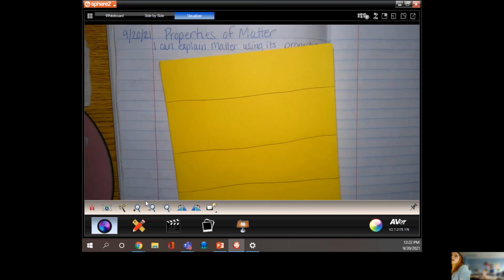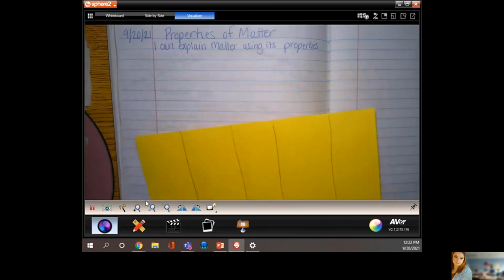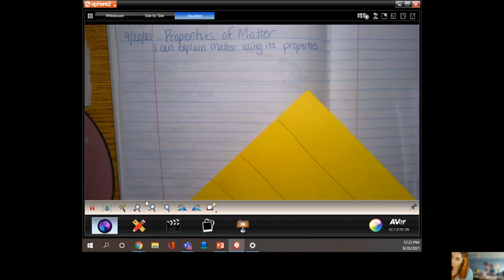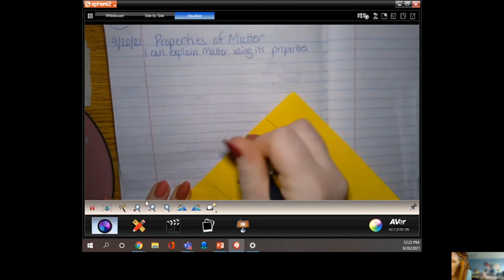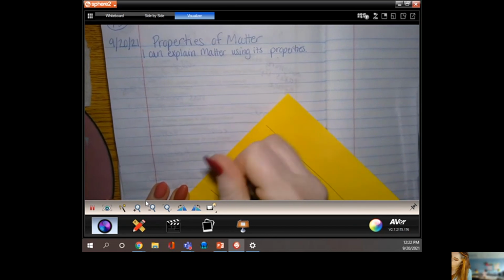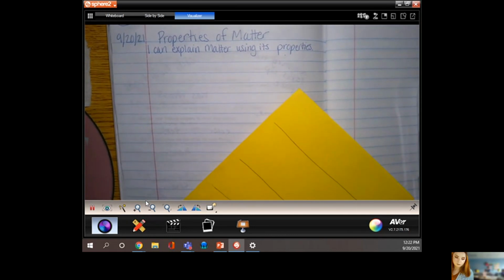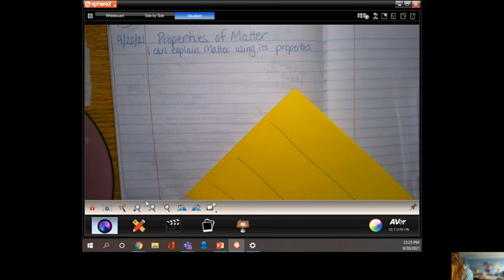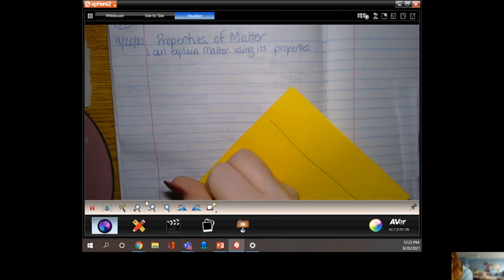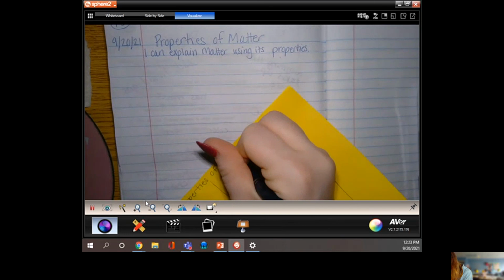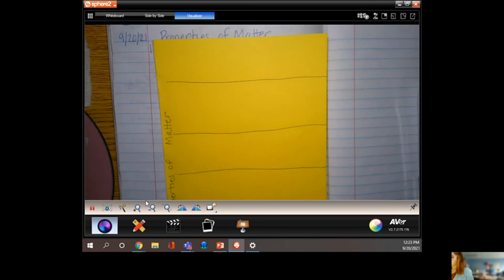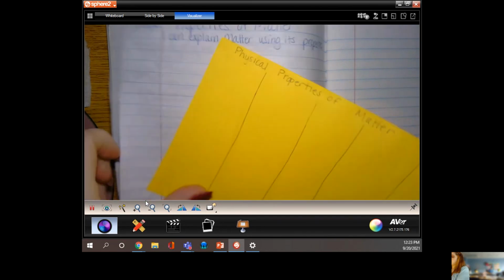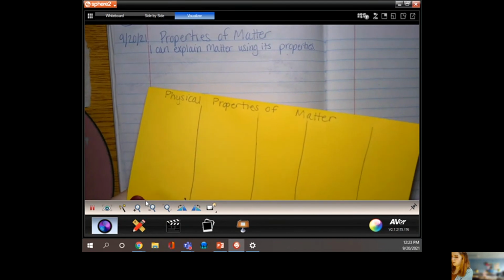So you need 5 flaps, so you make 4 lines. Then you cut your flaps. Remember, when you cut flaps, you only cut the top page, not the bottom.